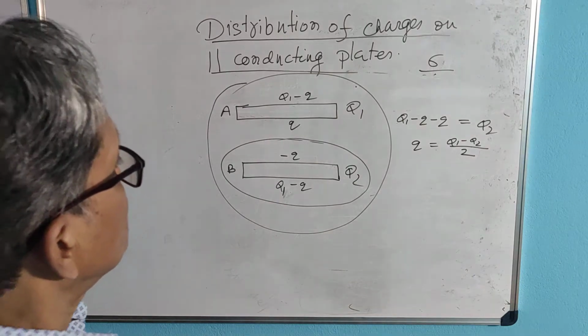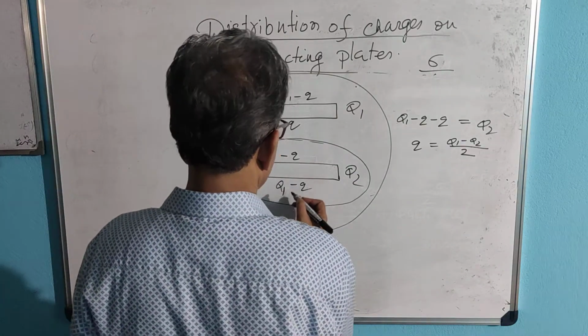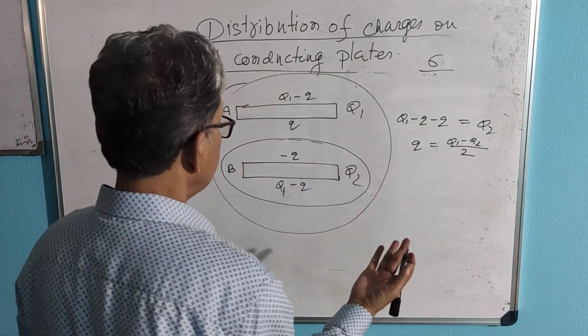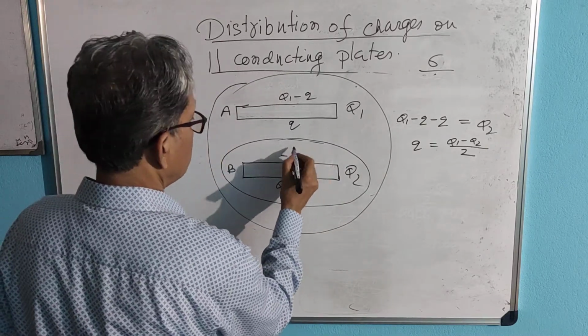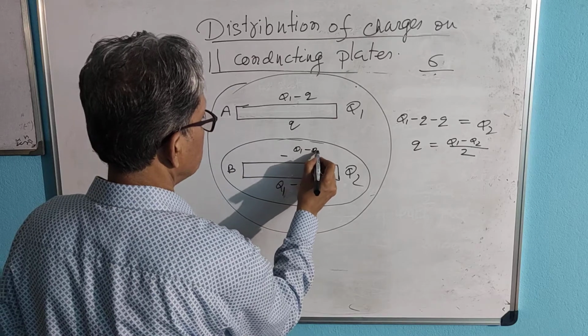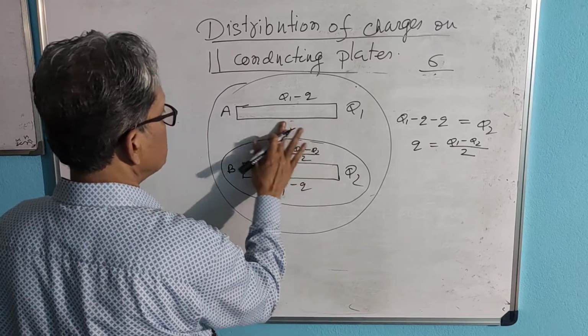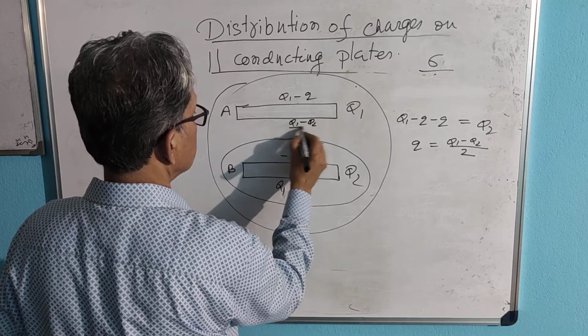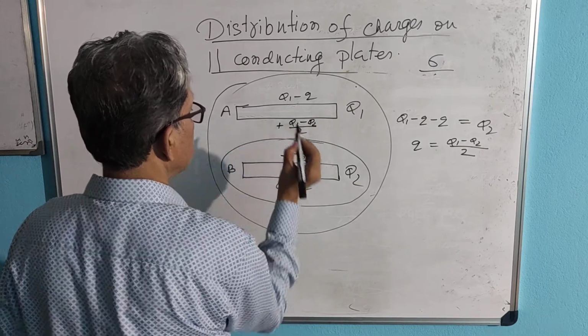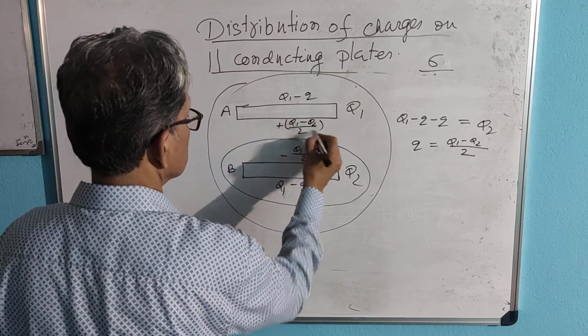Okay. What will be the charge on the outer surface? Problem solved. Then what is the charge on this plate? Minus Q1 minus Q2 divided by 2. What is the charge? Plus Q1 minus Q2 divided by 2. Okay.